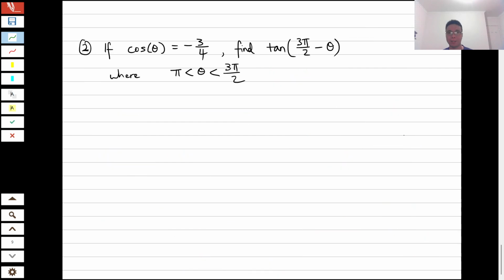Okay, last example. I've deliberately made it a mess. So here, I've given you an angle in the third quadrant.